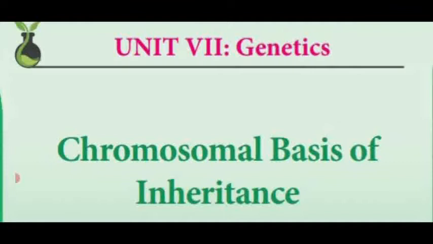Increased temperature also increases the rate of mutation, but it affects the replication and transcription process in DNA. Another one, radiation. Based on the electromagnetic spectrum wavelength, it is divided into ionizing radiation and non-ionizing radiation.